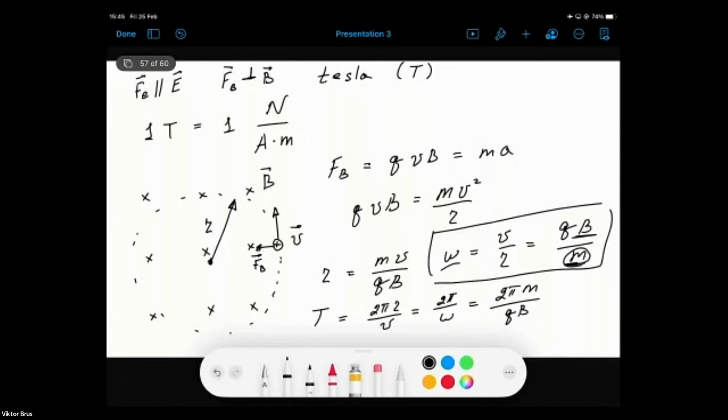So now I would like to summarize. We introduced the concept of magnetic field, explained on the example of a permanent magnet that we have north and south poles, and magnetic field lines come out from the north pole and go into the south pole.